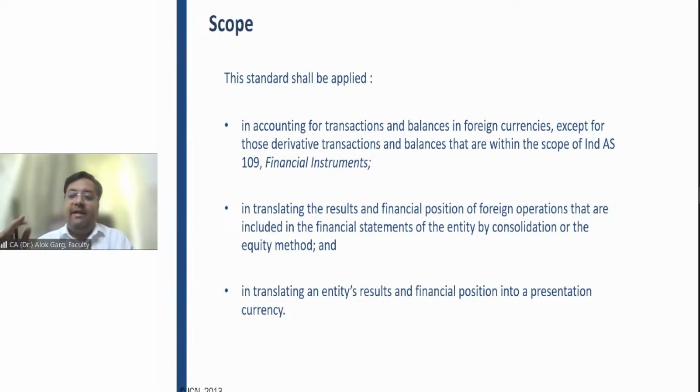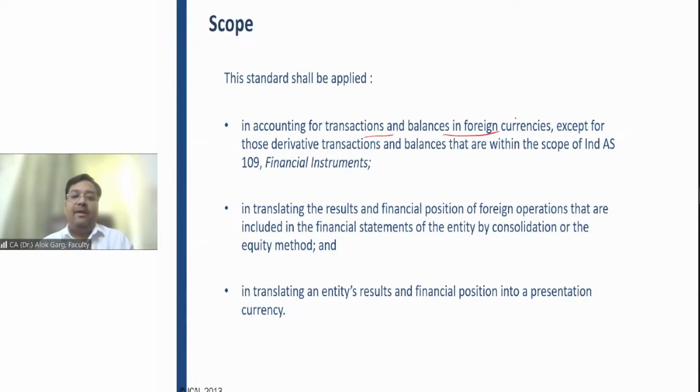So some derivative transactions are covered under Ind AS 109. This standard is not applicable on those foreign currency derivatives, but otherwise this standard shall be applicable in accounting for the transactions and balances in foreign currencies.